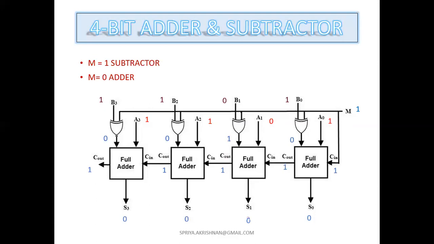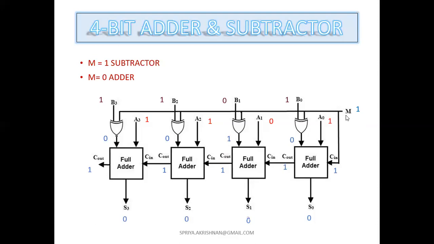So if I do 5 minus 5, the output is 0. Yes. So I'm doing the same number, as an example of 5 minus 5. M is the control pin, and simply to give it a name, the control pin is given as M. Mode, M means mode actually.